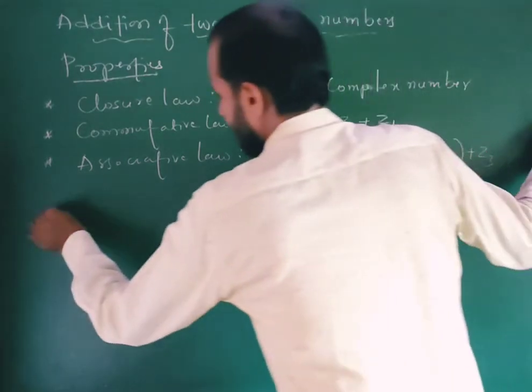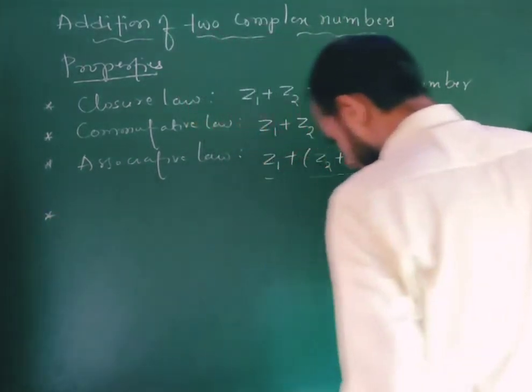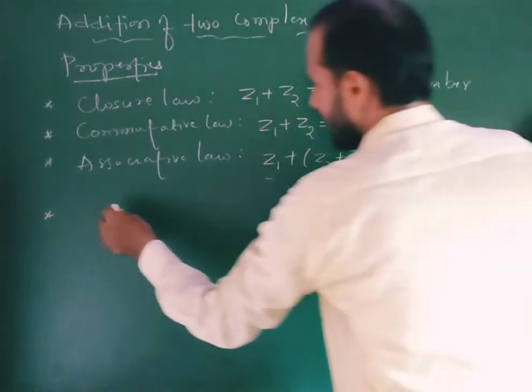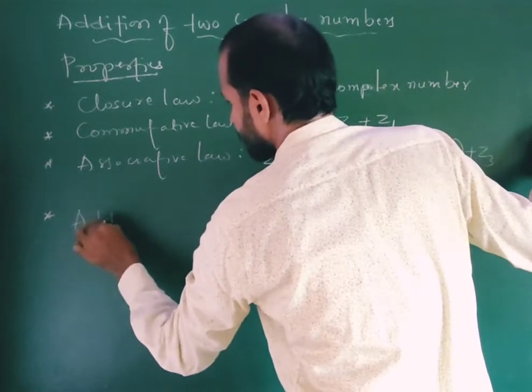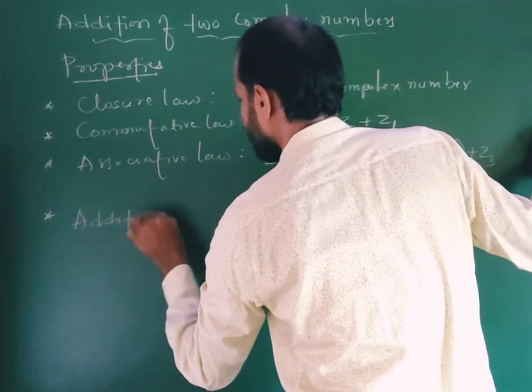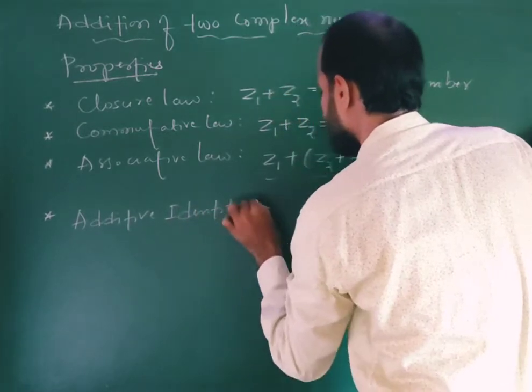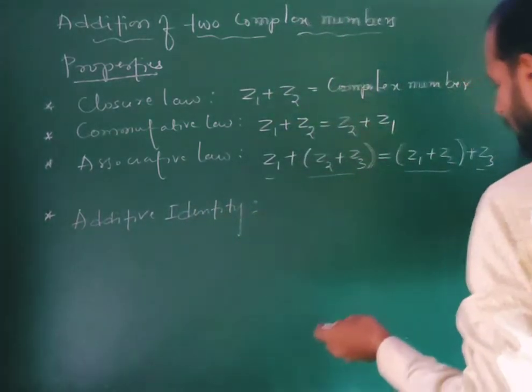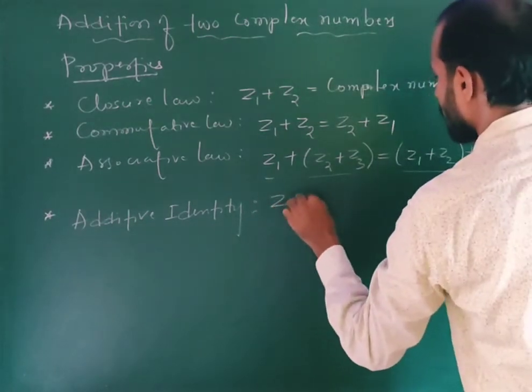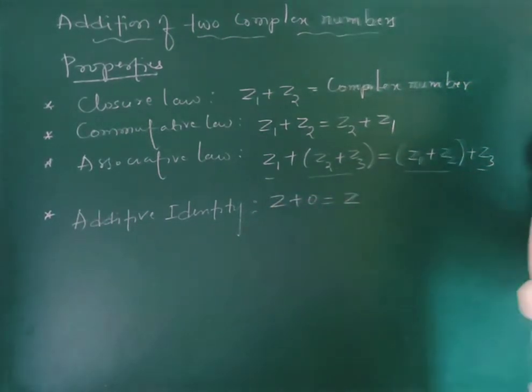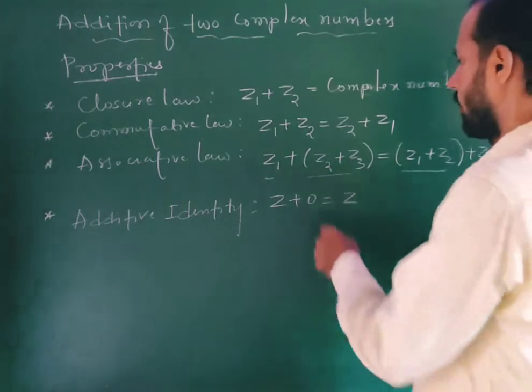Next, the fourth one is additive identity. Additive identity, which is equal to what? Z plus 0 is equal to Z. Here additive identity is nothing but your 0.